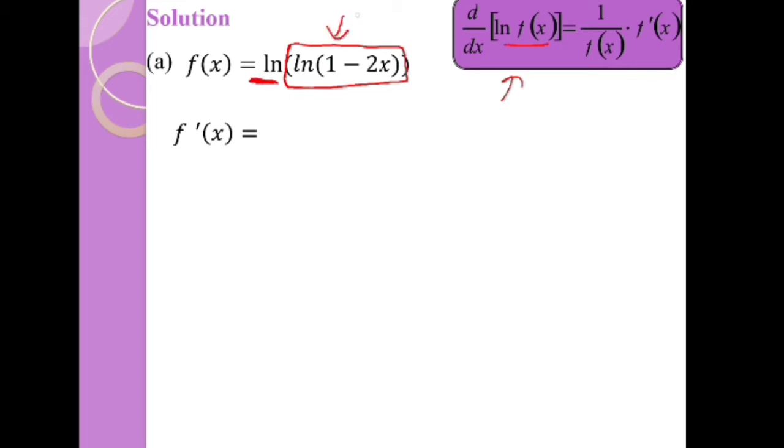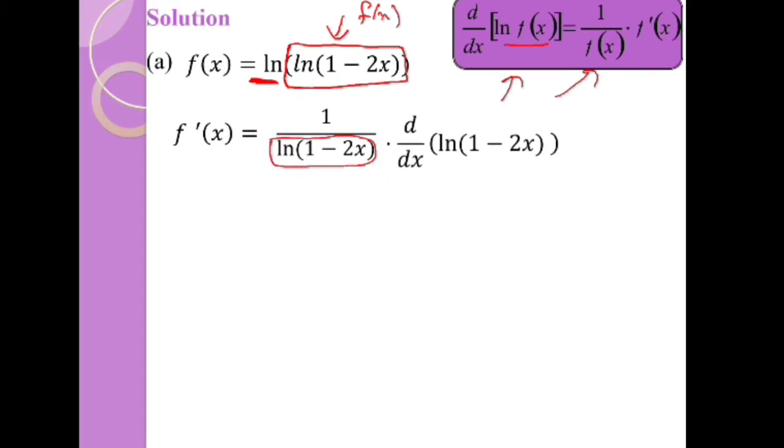So this will be your f of x. So according to the formula, you just write 1 over that function f, and then multiply it with the derivative of the function f. So just write down that function f there.